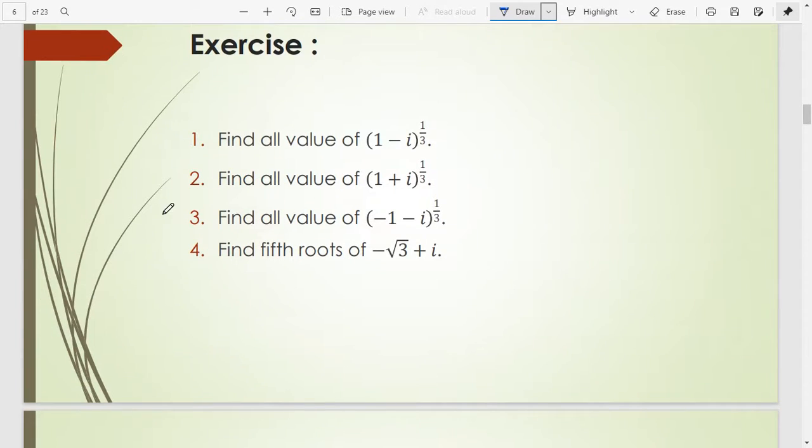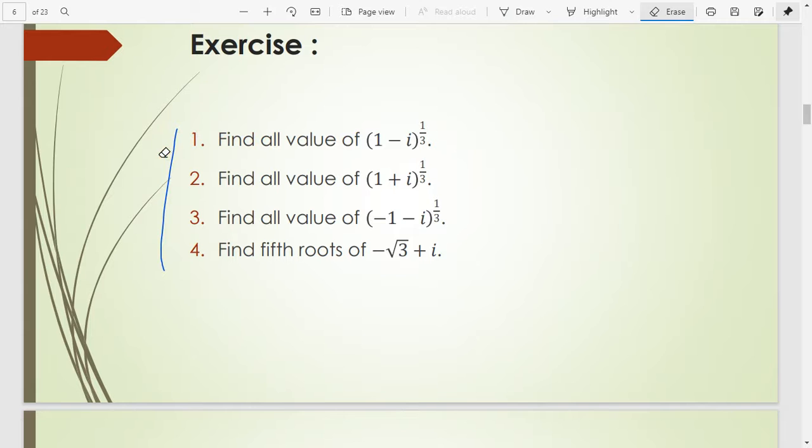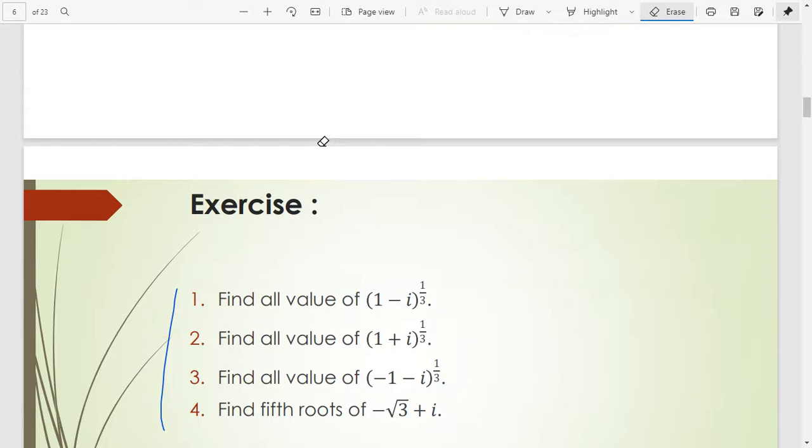This is the exercise. You can solve it by a similar method.